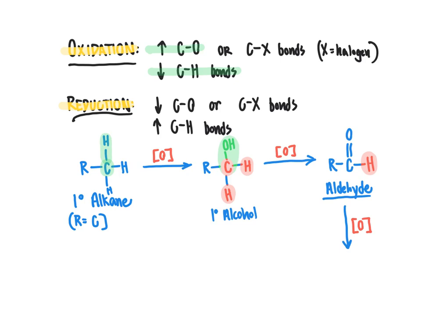So we'll replace that with an oxygen, and that's going to lead us to a carboxylic acid product. We would certainly describe this conversion of the aldehyde into the carboxylic acid as oxidation, because we've increased the number of carbon-oxygen bonds by replacing that hydrogen atom with a hydroxy group.